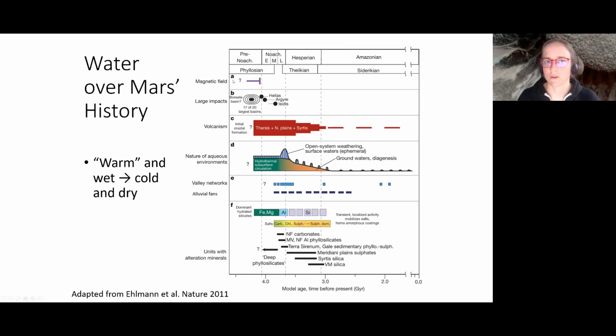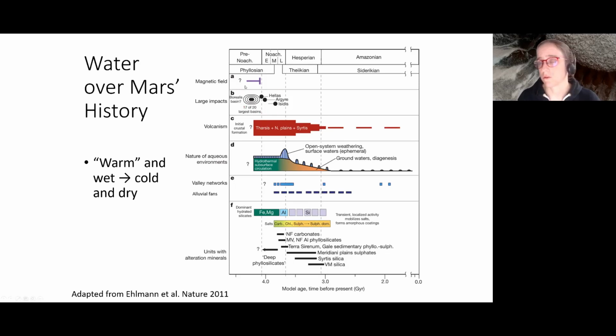So Mars at the start of its history had a magnetic field, which stopped just before the Noachian period began, more or less. And during the same time period when Mars had a magnetic field, we also have the large impact basins that we see at the surface today formed.